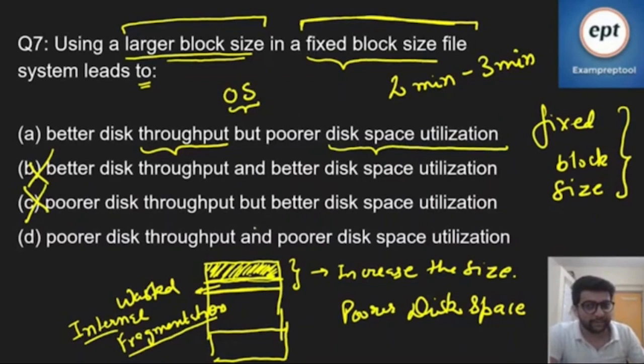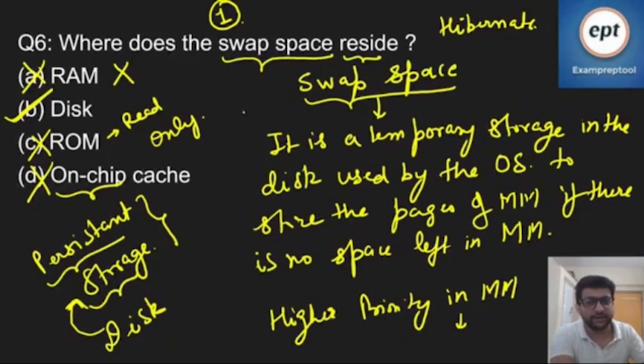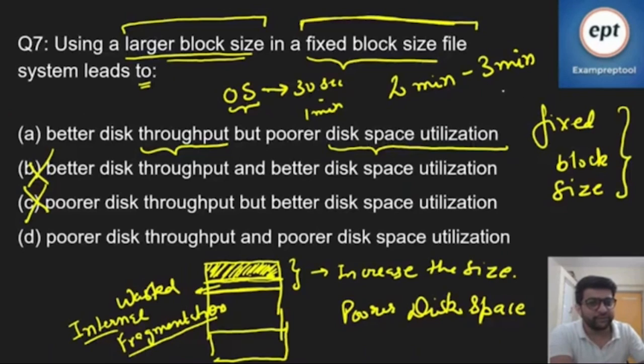If we know the concept very clearly, we can solve these problems in around 30 seconds or 1 minute, right? Let's say if you already knew what swap space was, how much time would it take to solve this problem? Hardly 30 seconds, right? We have to save some time in these types of questions so we can give more time to harder problems. This can help to maximize your score.